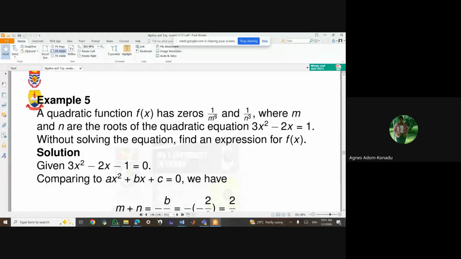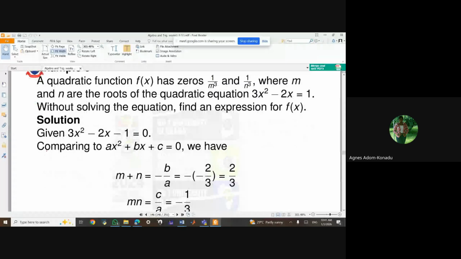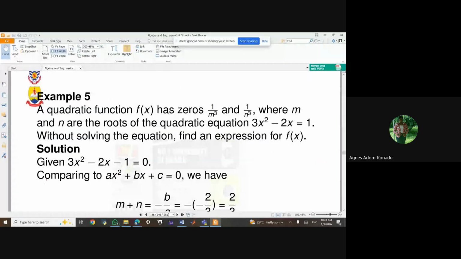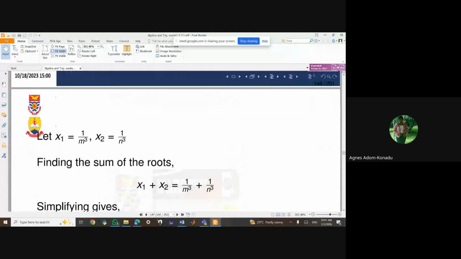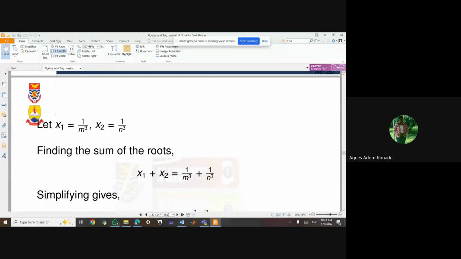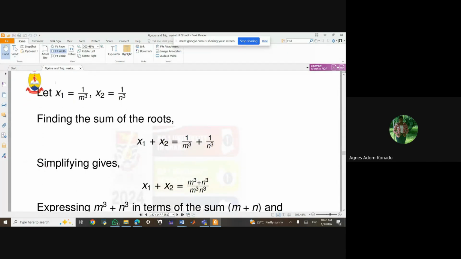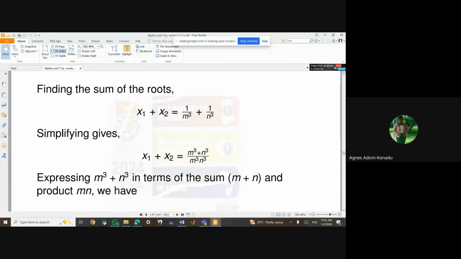For that quadratic, I have to find the sum of roots and the product of roots. So let x1 be this and x2 be this. The sum of roots is 1 over m cubed plus 1 over n cubed. When I simplify this, I'm going to get m cube plus n cube divided by m cube n cube.